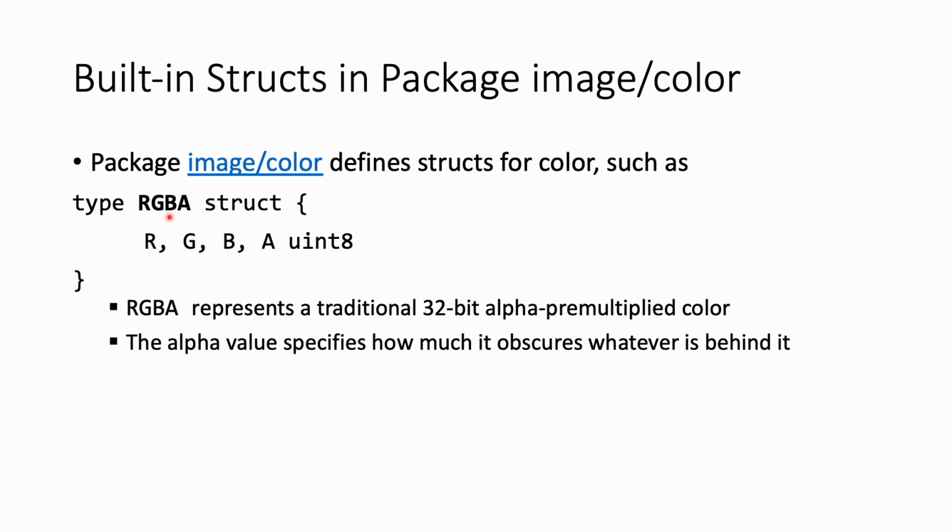RGBA represents a traditional 32-bit alpha-premultiplied color. The RGB fields represent the red, green, and blue components of the color, respectively. And the A field represents the alpha value, which specifies how much it obscures whatever is behind it.